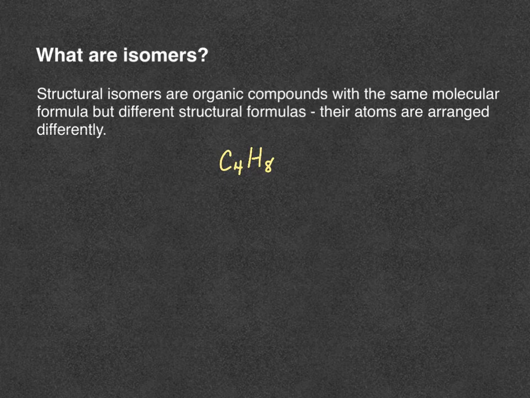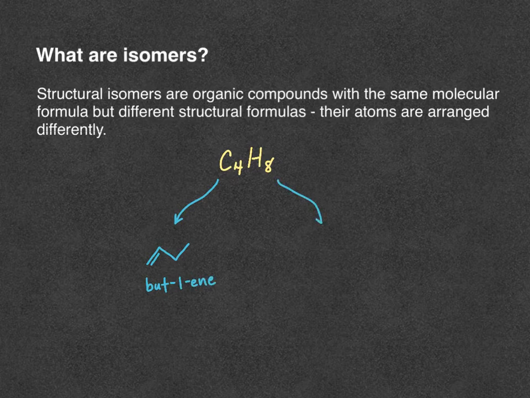So C4H8 has the general formula CnH2n. And I'm not going to draw all of the structural isomers, but I will draw two. So one is but-1-ene, and another is cyclobutane.